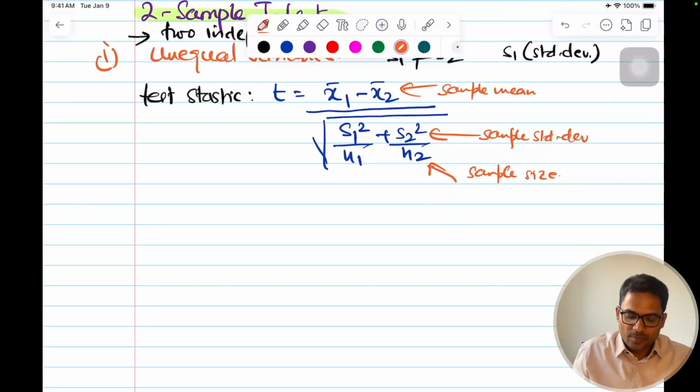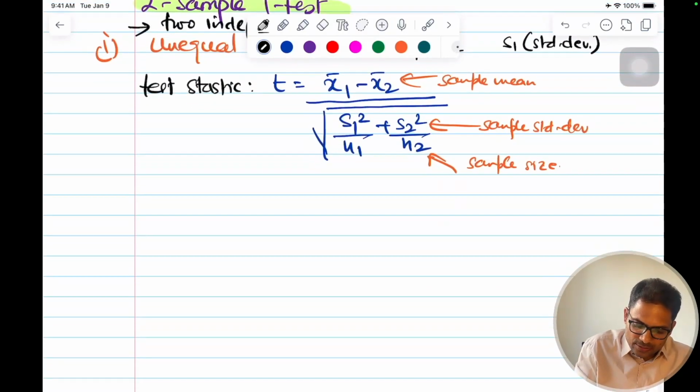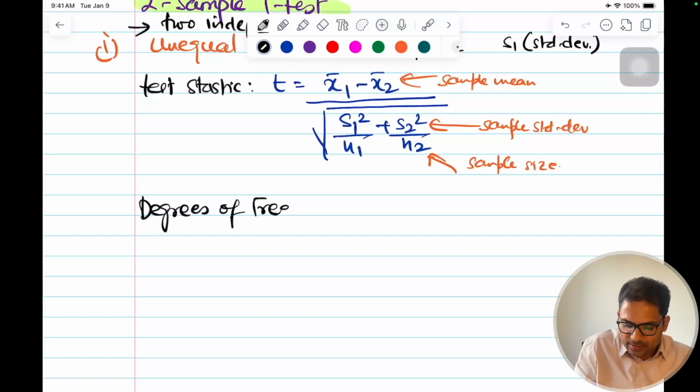But the degrees of freedom, the way you calculate here, is also called the Welch formula. Because the variance is unequal, the degrees of freedom calculation is a bit different.